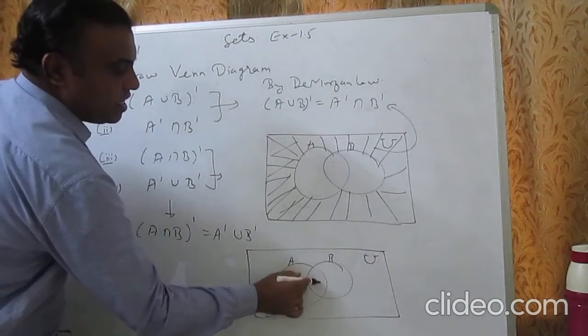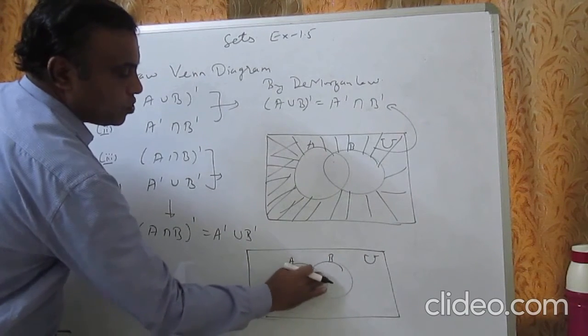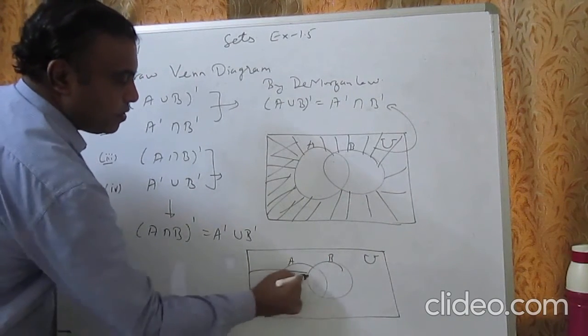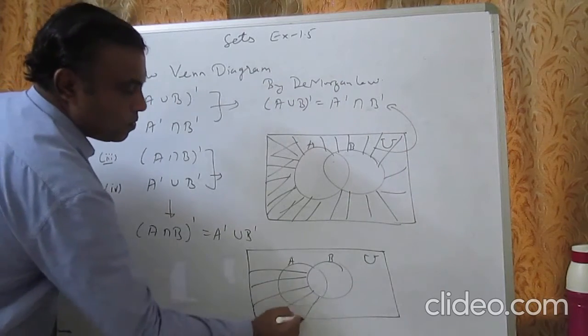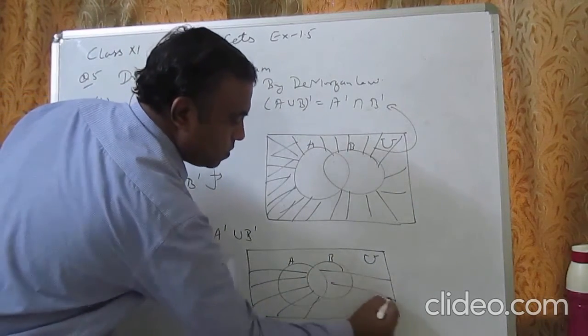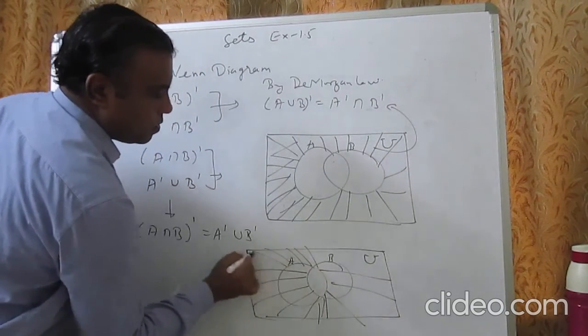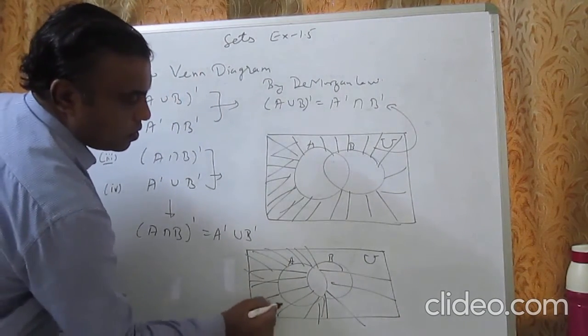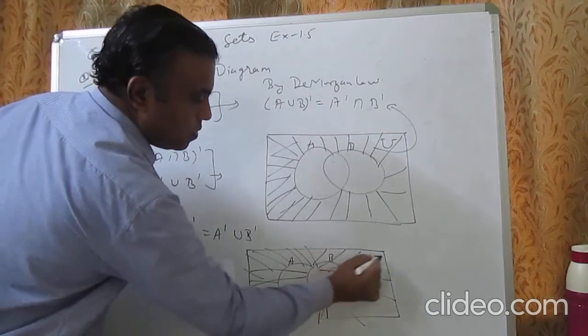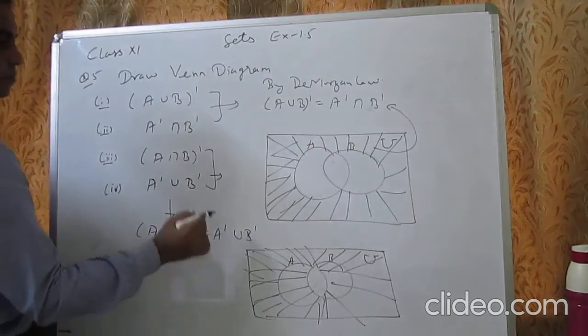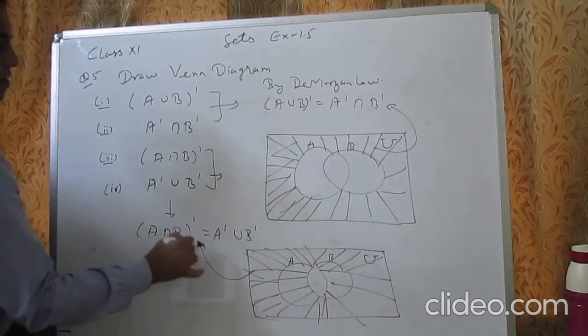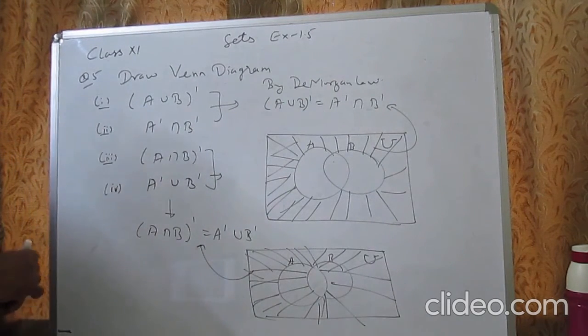This is the intersection element. This portion, you leave it. So this is the Venn diagram of this.